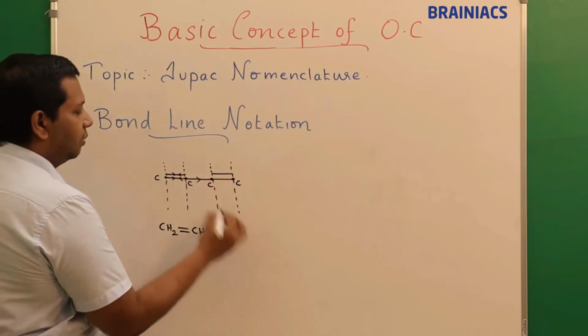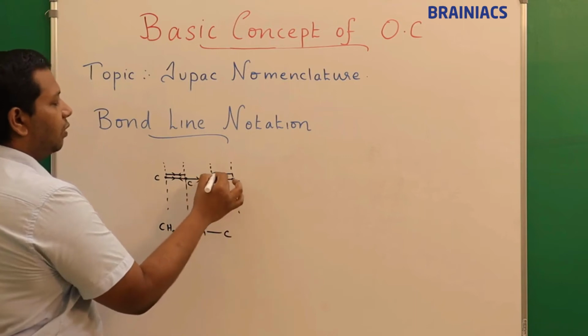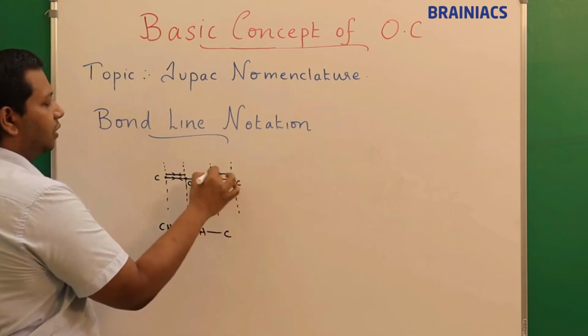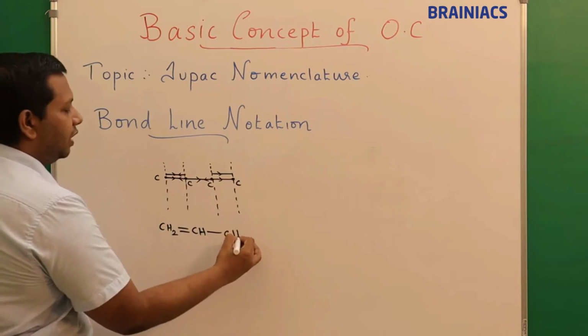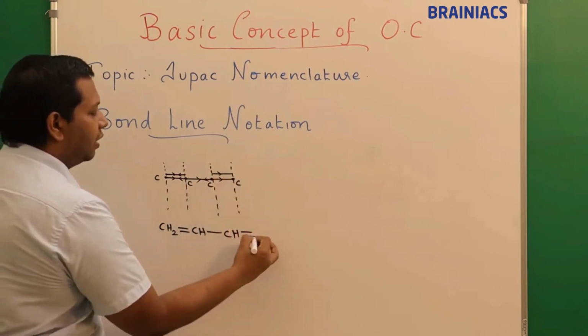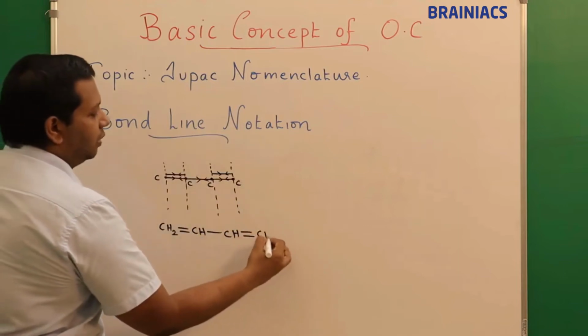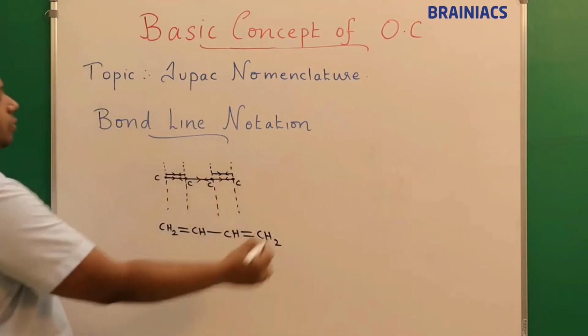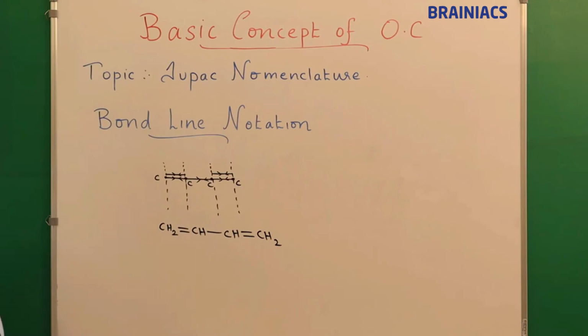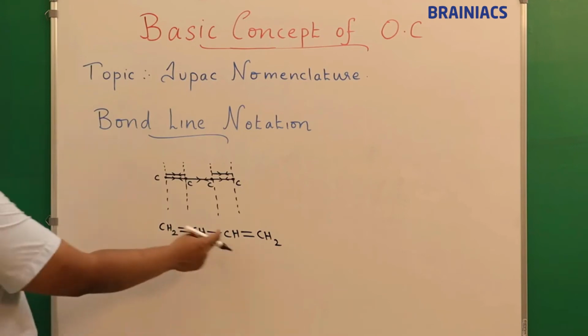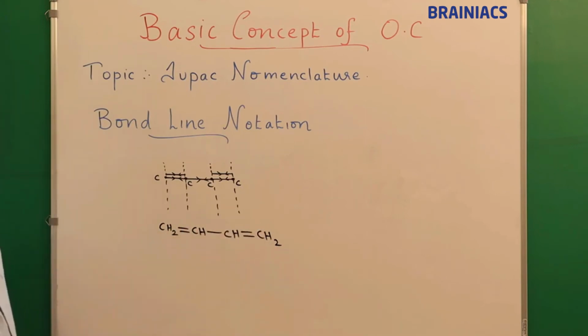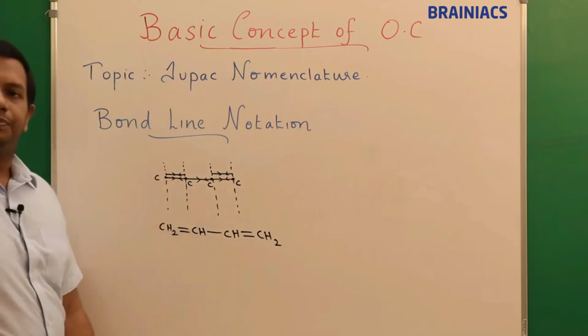Then again single bond. Coming to here, 1 ray gone. Here also 1 ray, here also 1 ray. So total 3 rays. So this should also be CH. Then double bond is there. Then coming to this one, there are only 2 rays coming out of it. So remaining should be 2 hydrogens. So this should be the formula. Understood? CH2, CH, single bond CH, double bond CH2. So this is the way we interpret double bonds.